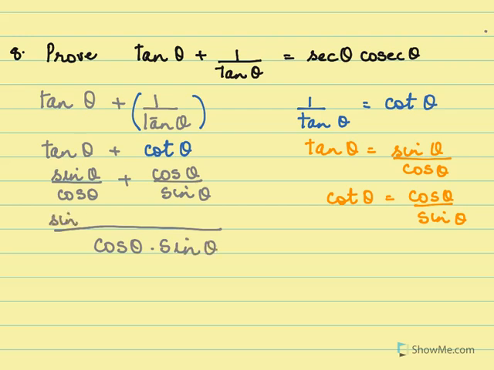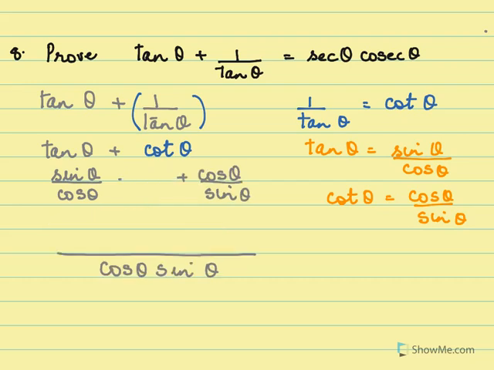So let's do that again. My LCM is cos theta, sine theta. Now what is missing here? Sine theta. So numerator and denominator both get sine theta.